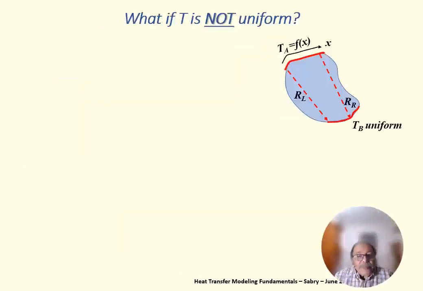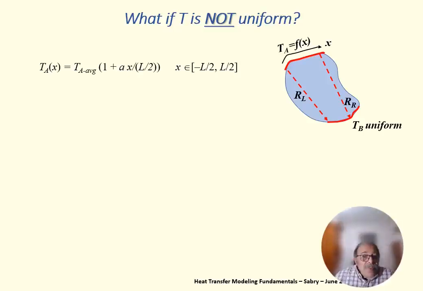Now, what happens if the temperature was not uniform on each port? I will start with only one port. TA is the only temperature that is not uniform. Along the coordinate x, which is along the port, the temperature TA may be a function of x. I will assume that the temperature at B is still uniform. Now, I will also take the simplest ever dependence of temperature on x, which is a linear dependence.